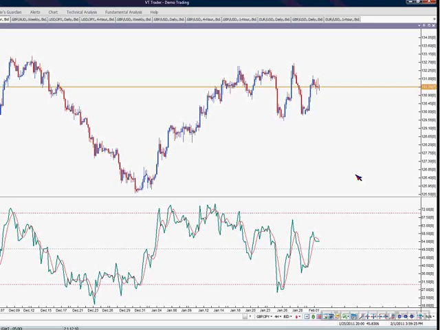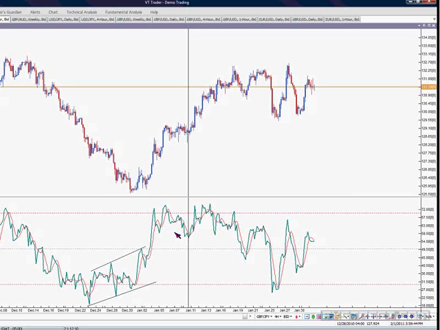Okay, we had a failed negative reversal signal. One thing you might say to yourself is, hey, how come there are so many failed negative reversal signals? Why am I even looking at this?